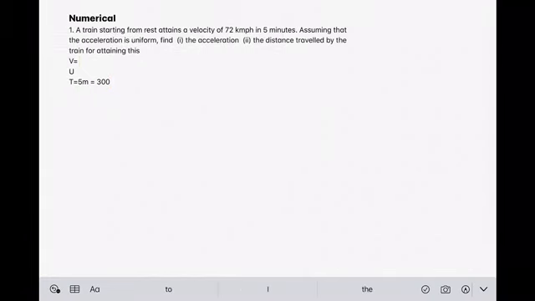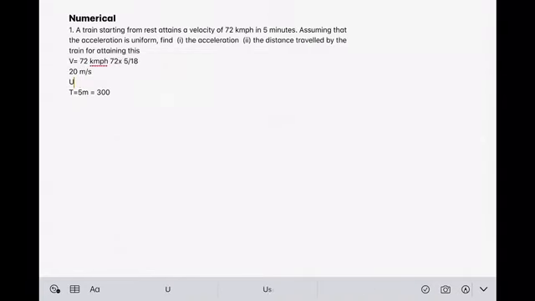V will actually equal to 72 kilometers an hour. To find what 72 kilometers an hour equals in meters per second, we have to do 72 into 5 by 18, which will then equal to 20 meters per second.